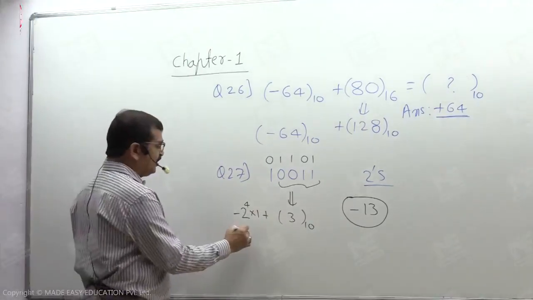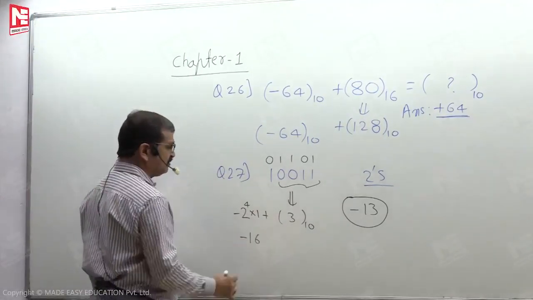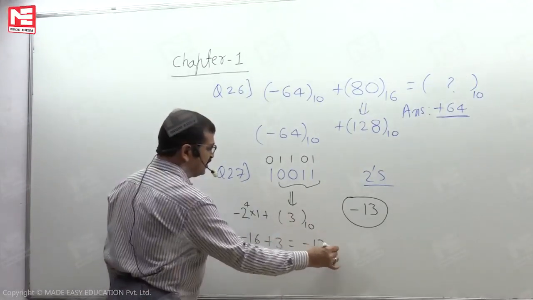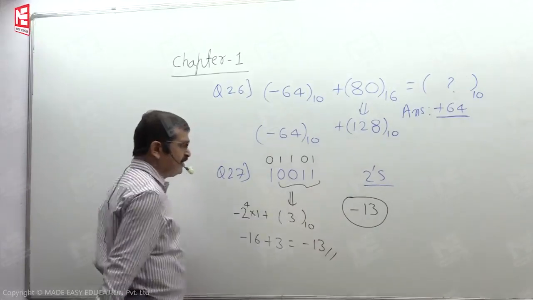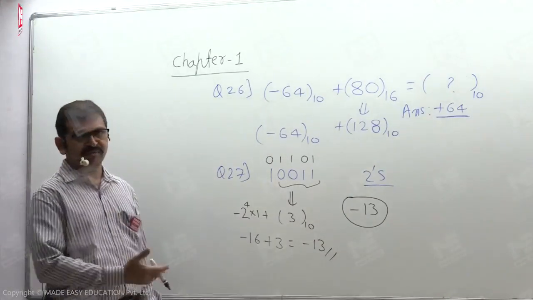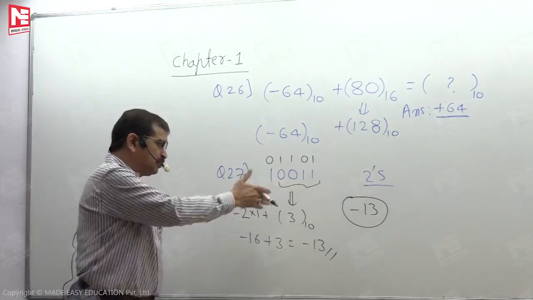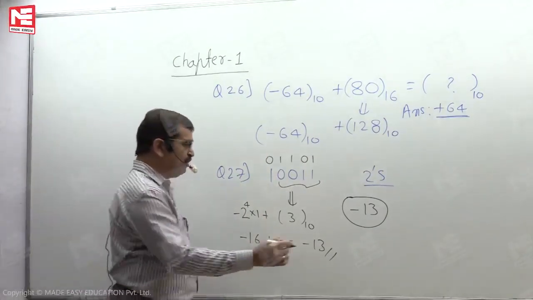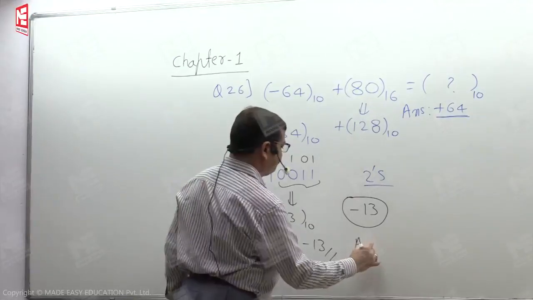From this we have minus 16 plus 3. So the answer is minus 13. Either way, the answer is the same on the same number, as this is one approach, that is another approach. So the answer to this question is minus 13.